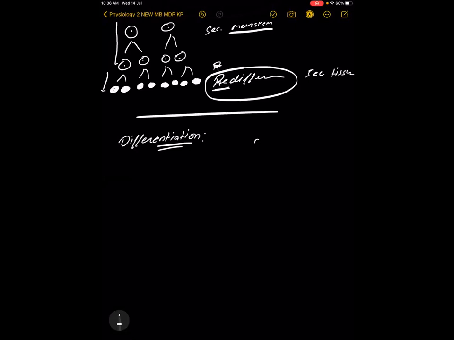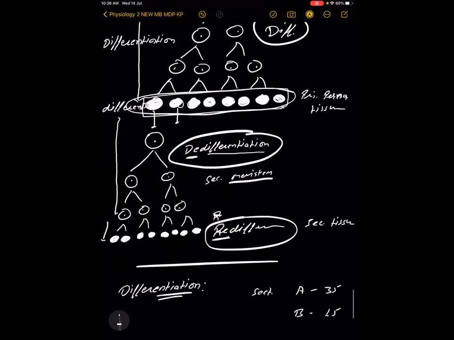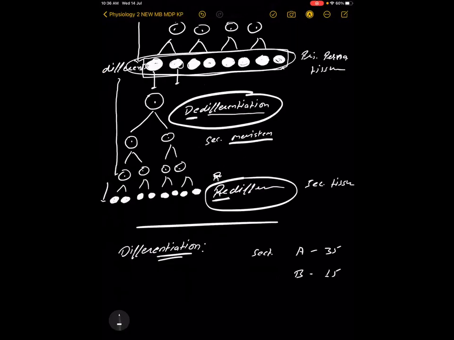In section A, it will be 35 questions. In section B, 15 questions will be there. Okay, so out of 15, you have to attempt only 10 questions. In A, all questions should be attempted.